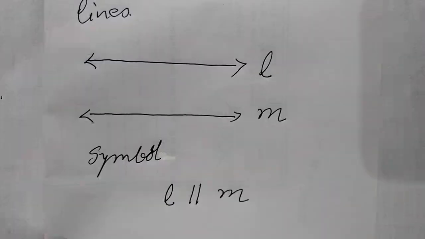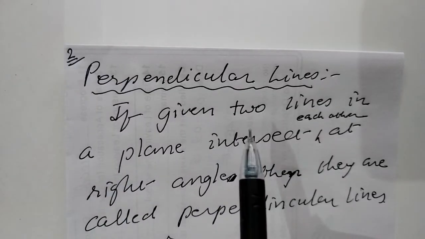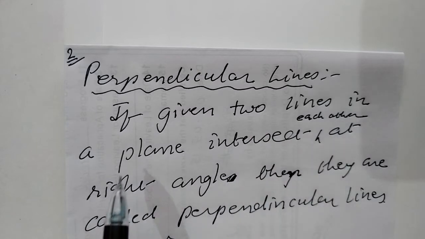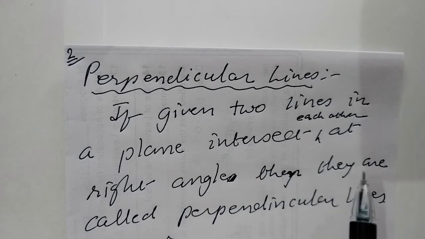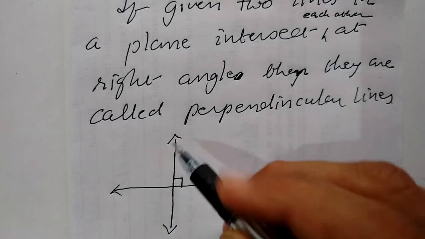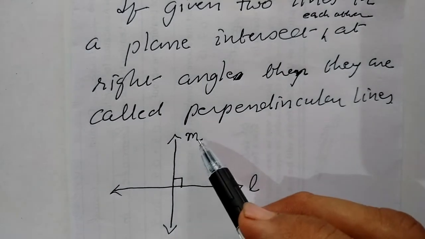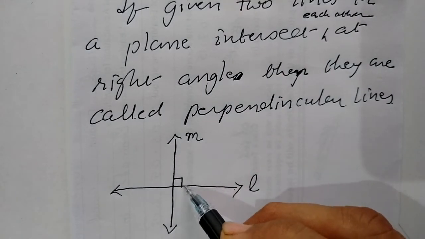Next definition. Perpendicular lines. If two given lines in a plane intersect each other at right angles, then they are called perpendicular lines, children. Okay, this is very easy to understand. See the diagram. Now children, here you can see that one line L is given, another line M is given. They both intersect each other at a right angle.